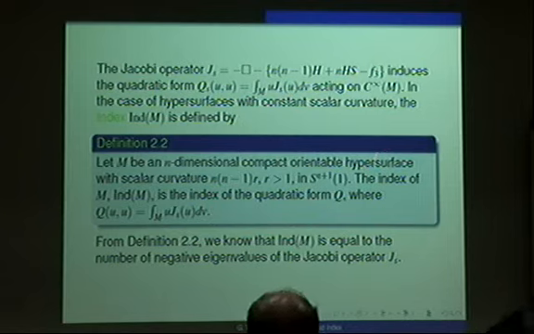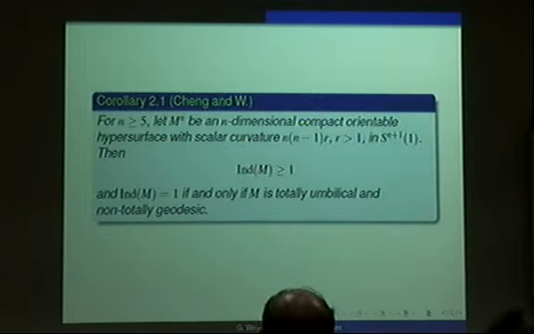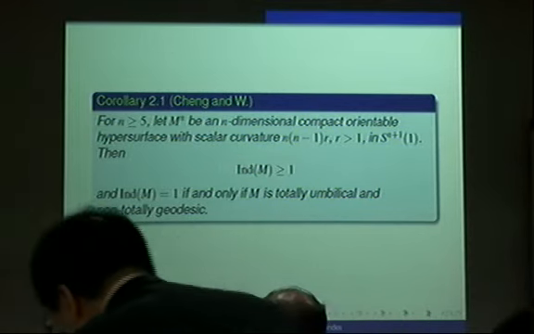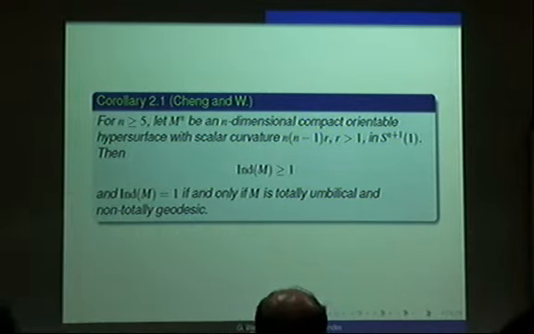From this definition, the index equals the number of negative eigenvalues of this Jacobi operator, the JS. So our results can be rewritten as follows: the index is greater than or equal to 1, and the index equals 1 if and only if M is totally umbilical.